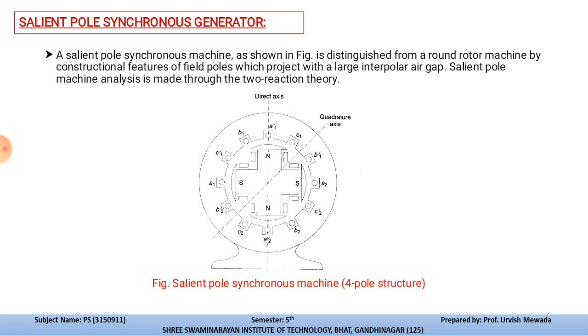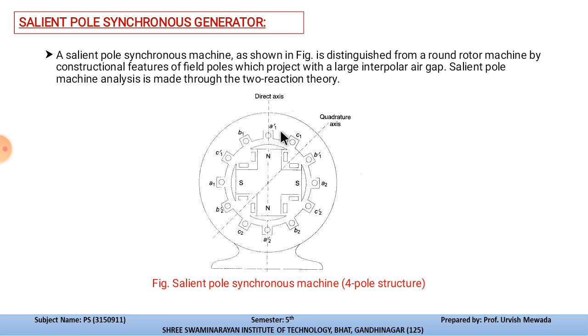The difference between salient pole and cylindrical is that the cylindrical rotor is wound, but in this we have a lesser number of poles. And in the pole periphery, or rotor surface periphery, you can see that this is the area at which this generator will offer the maximum reluctance, and at this area it will offer the minimum reluctance.